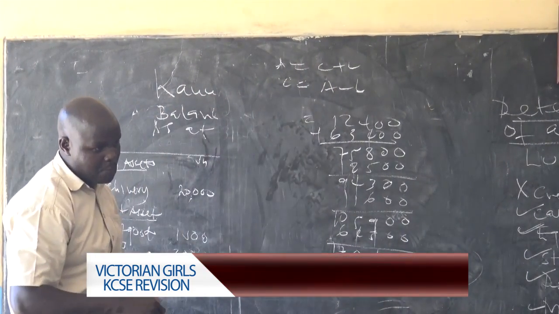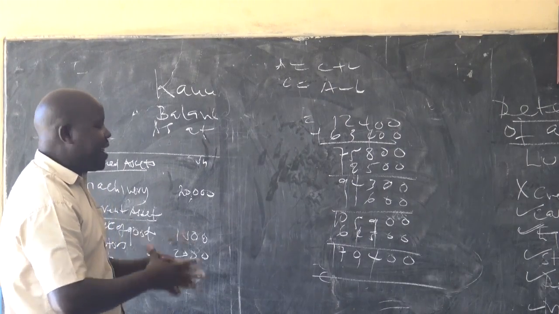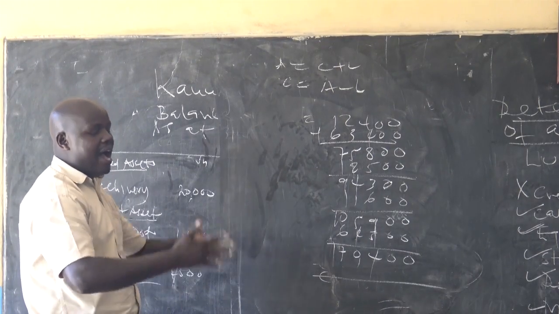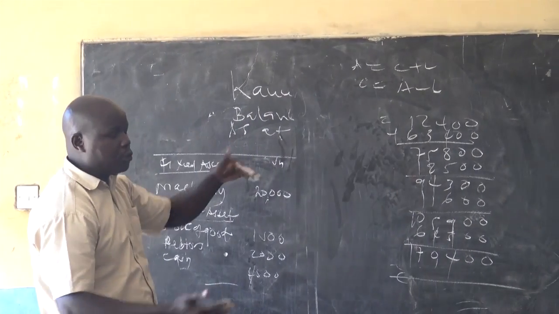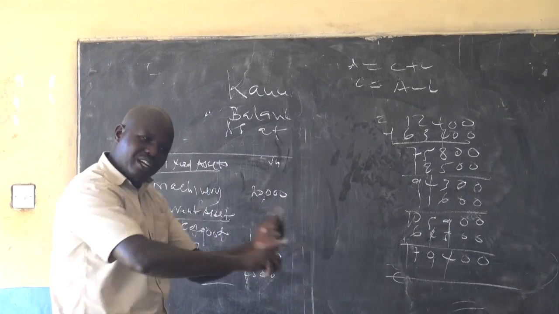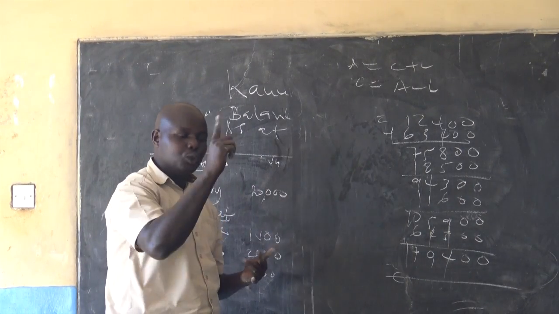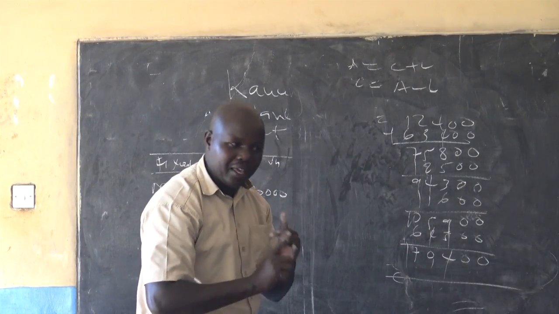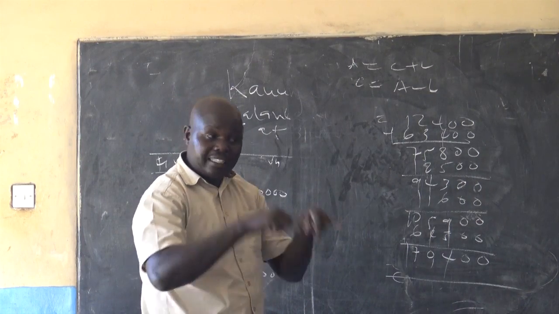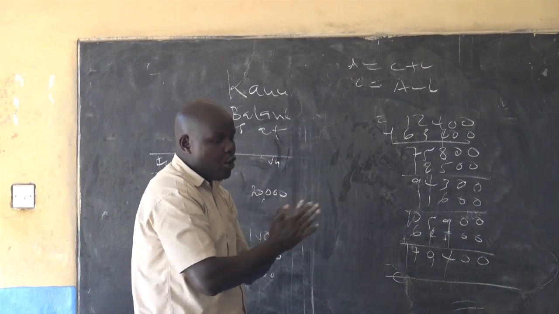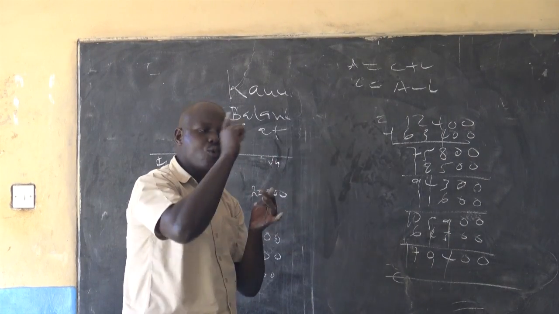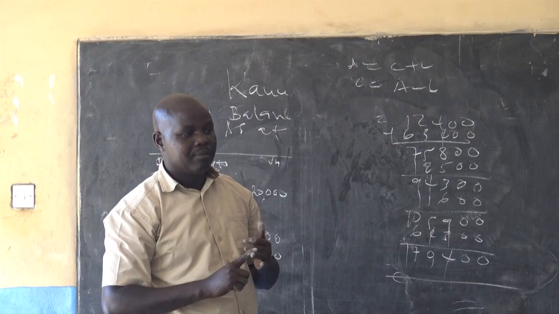Number 2, be able to identify, when we're given a number of items like 10, 15, be able to single out which one is an asset and which one is a liability. And still, within that category of assets, be able to tell which one is fixed and which one is current.